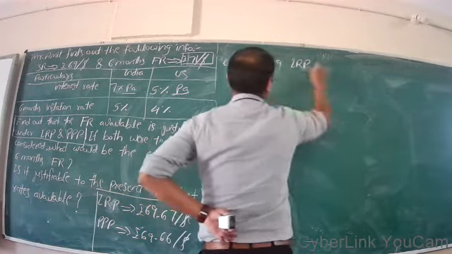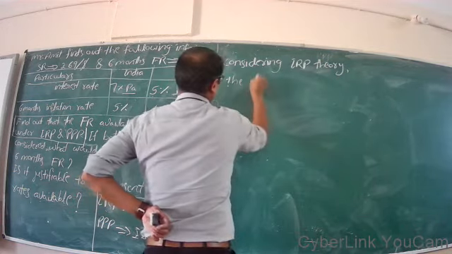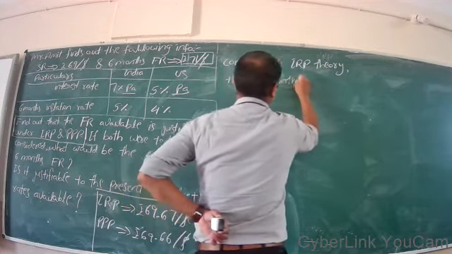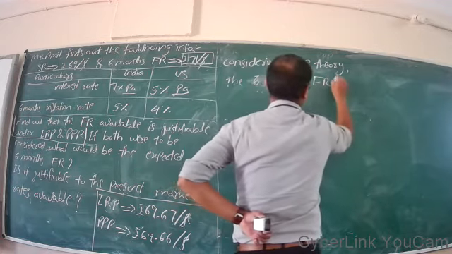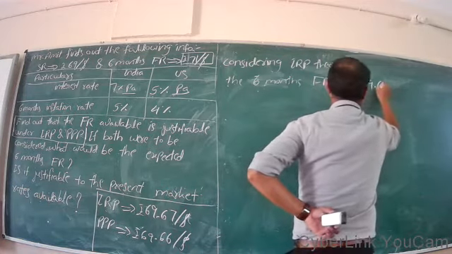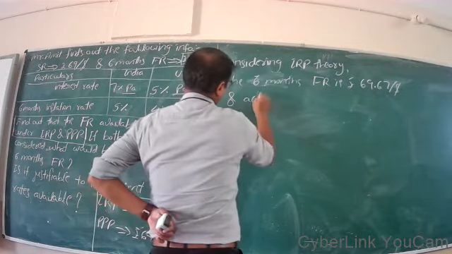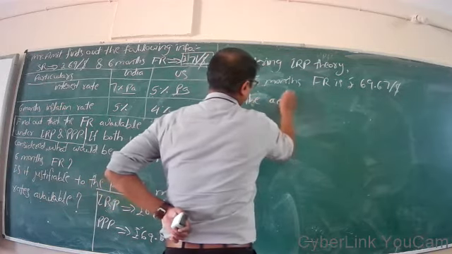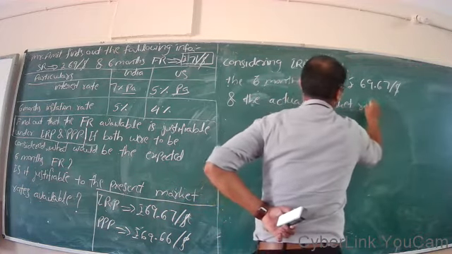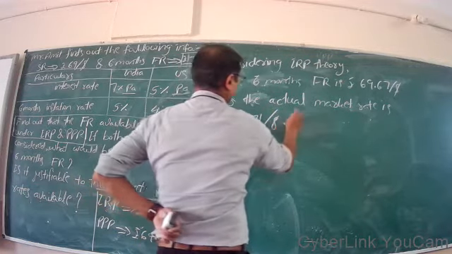Considering interest rate parity theory, the 6 months forward rate is rupees 69.67 per dollar, and the actual market rate is rupees 71 per dollar.